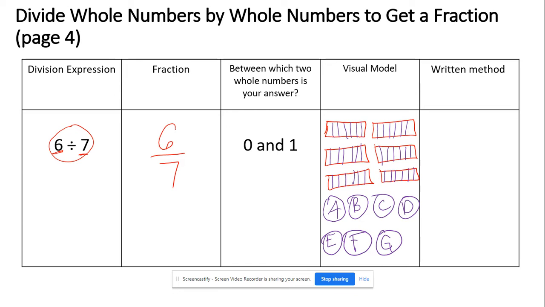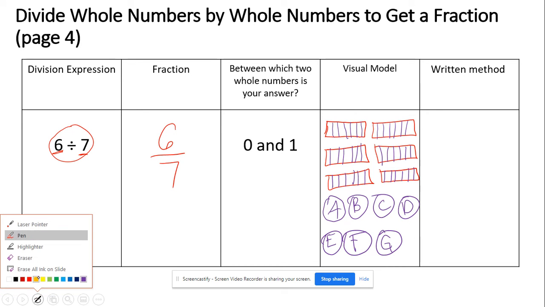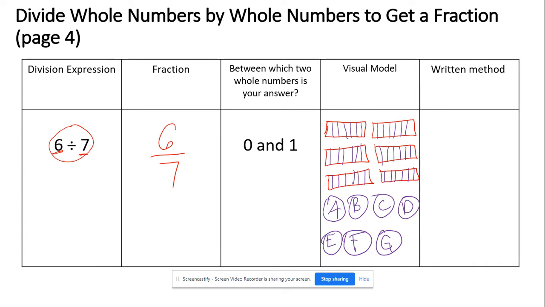Let's label the first part in each of these A so that we know the first part's going into group A. So now let's see how many parts are going to be going into group A. We see 1, 2, 3, 4, 5, 6 parts are going to be going into group A.